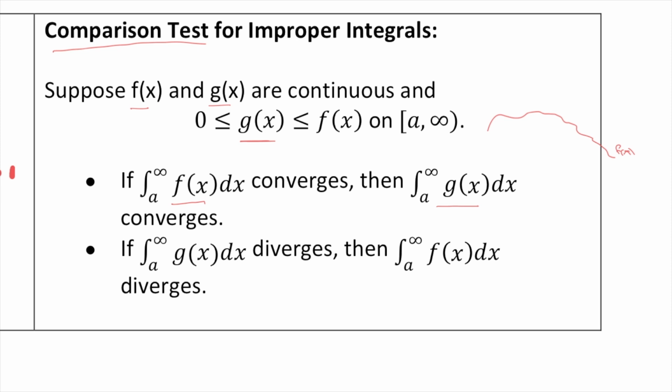G of x is always smaller than f of x, so it's going to be forced to stay underneath that value in terms of area, and it will also converge. Whereas if g of x, which is smaller, diverges and the area heads to positive infinity, and f of x, which is always larger, it's going to stay above g of x on that interval and also go to positive infinity. And that will help us with some problems later on.